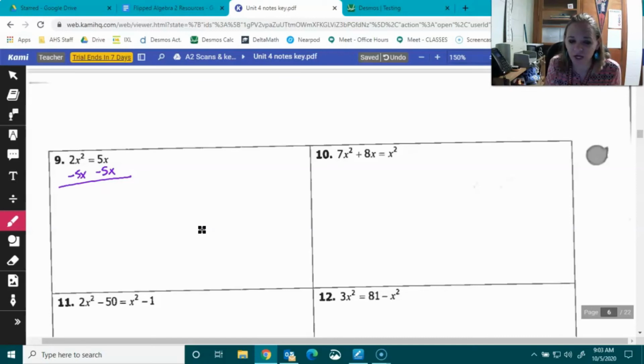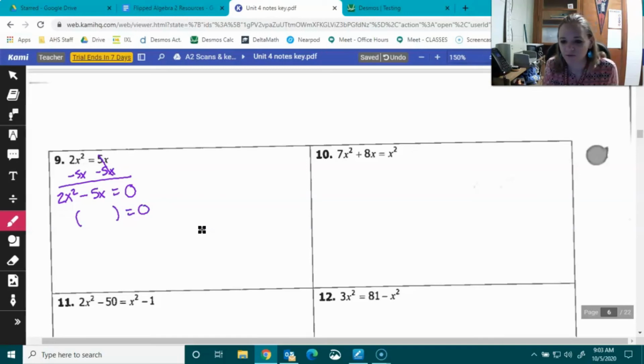You cannot subtract these. This is x squared, and this is x. You can't do that. So you have to leave them: x squared minus 5x equals 0. Okay? Now you can do GCF.